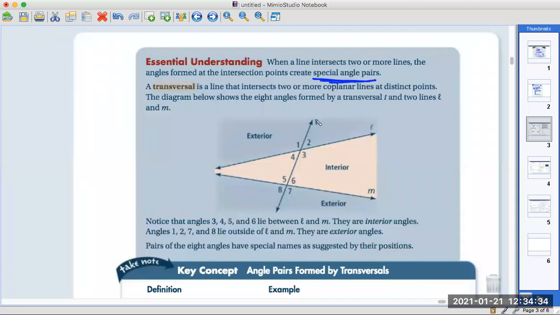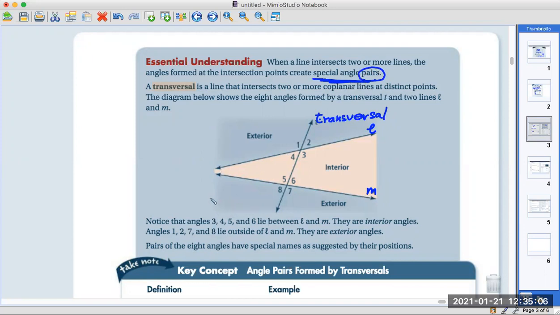This line that crosses is called a transversal, and it's lowercase t in our picture. This is line L, and this is line M. These 2 lines and our transversal create 8 angles. These all have names, and they go in pairs.